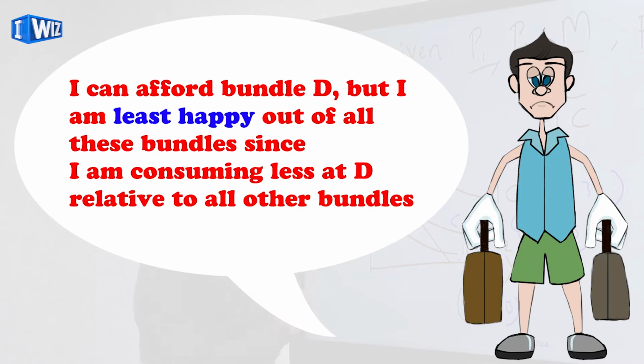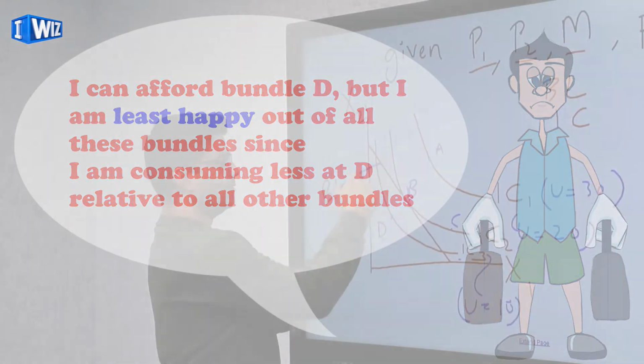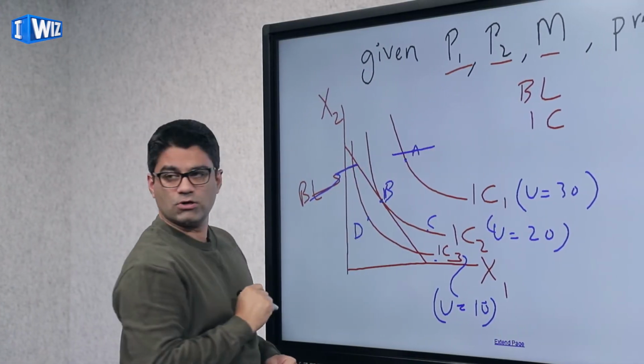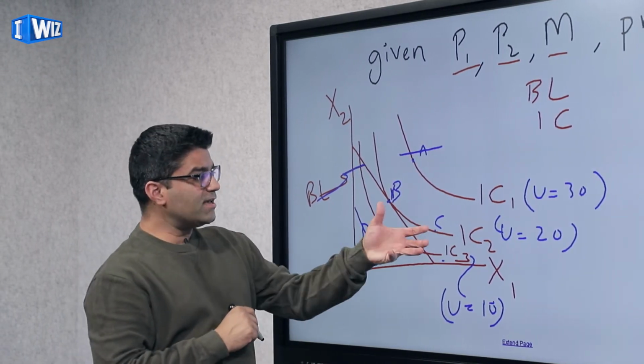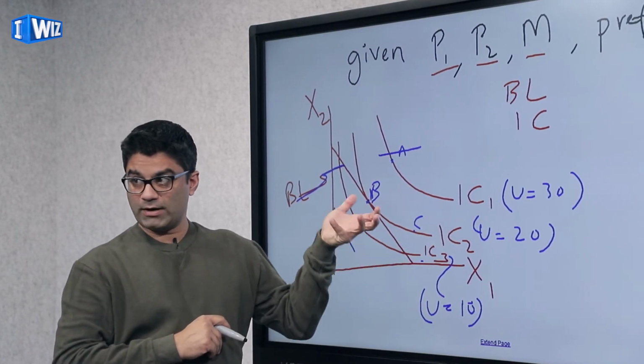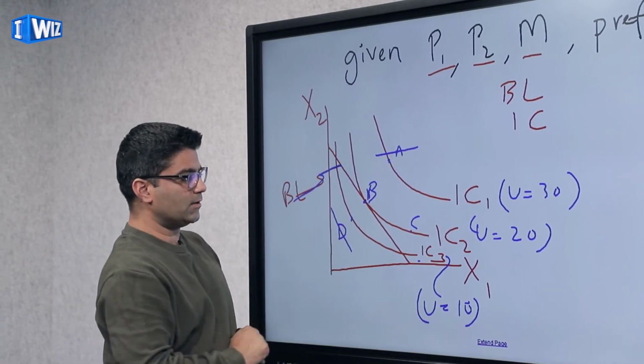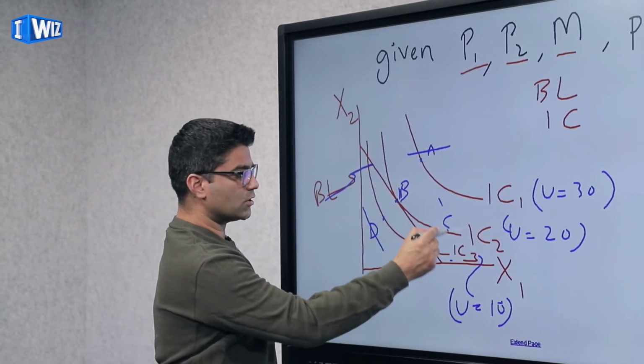So between D and B, you would prefer B because you're getting a higher level of happiness, and it is also affordable. So A is not affordable. B is preferable to D, so D is eliminated. B and C give you the same level of happiness, you're equally happy, but B is affordable, C is not. So C is not affordable either.